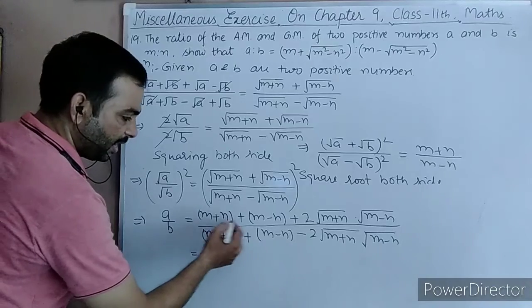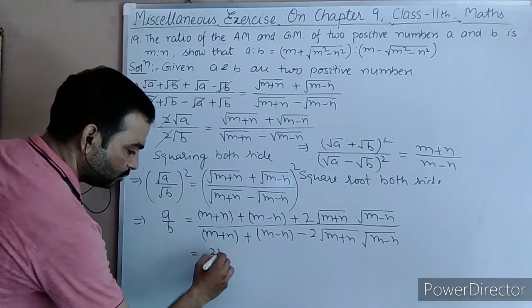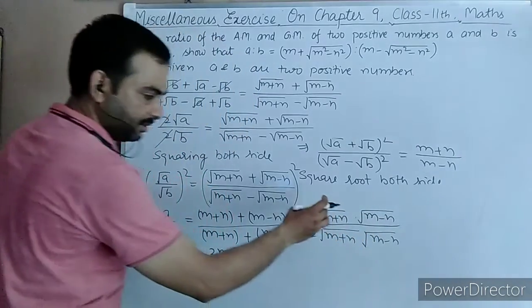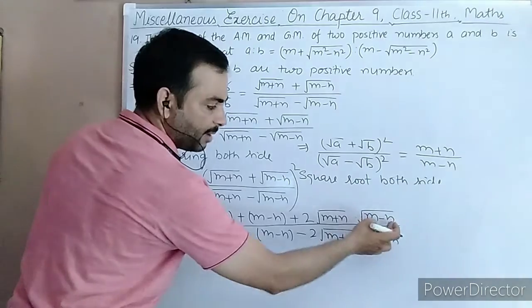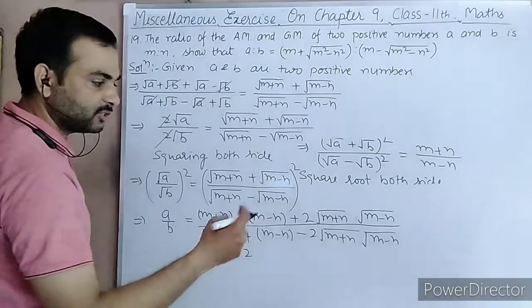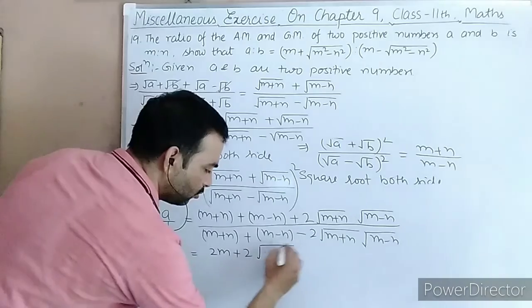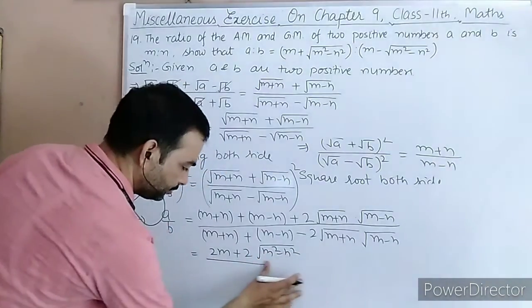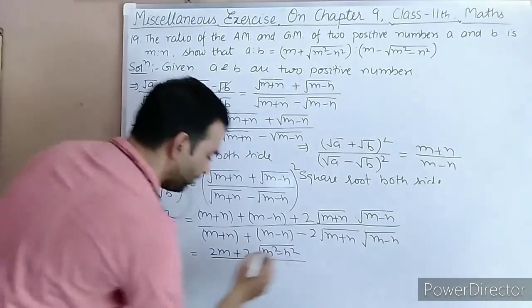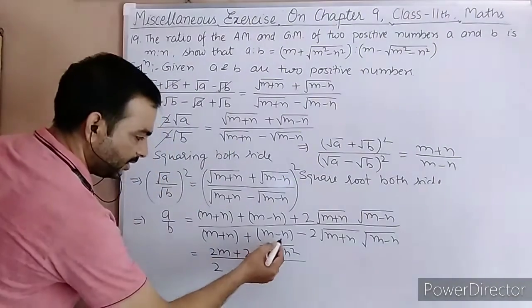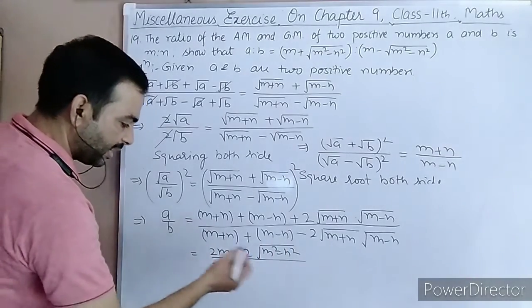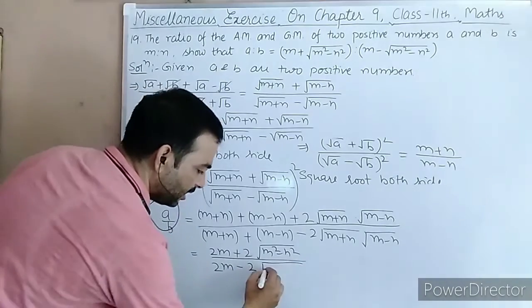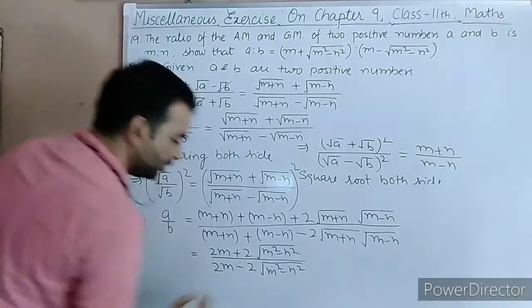Now you can see here n and n cancel out, so 2m plus 2. We can multiply these two terms within the square root. So (m plus n) into (m minus n), like (a plus b) into (a minus b), is a square minus b square. So square root of m square minus n square divided by 2m minus 2. Here you can see that n and n again cancel out, so 2m minus 2 square root of m square minus n square.